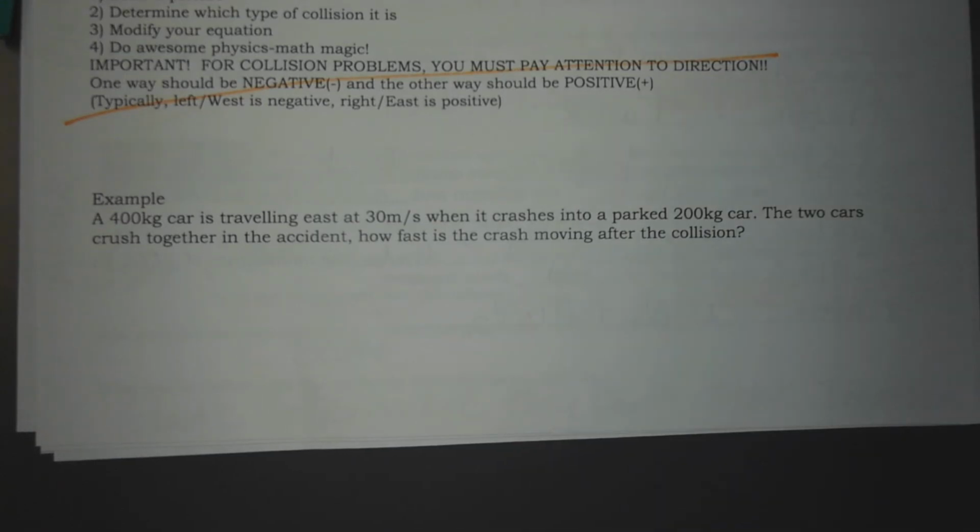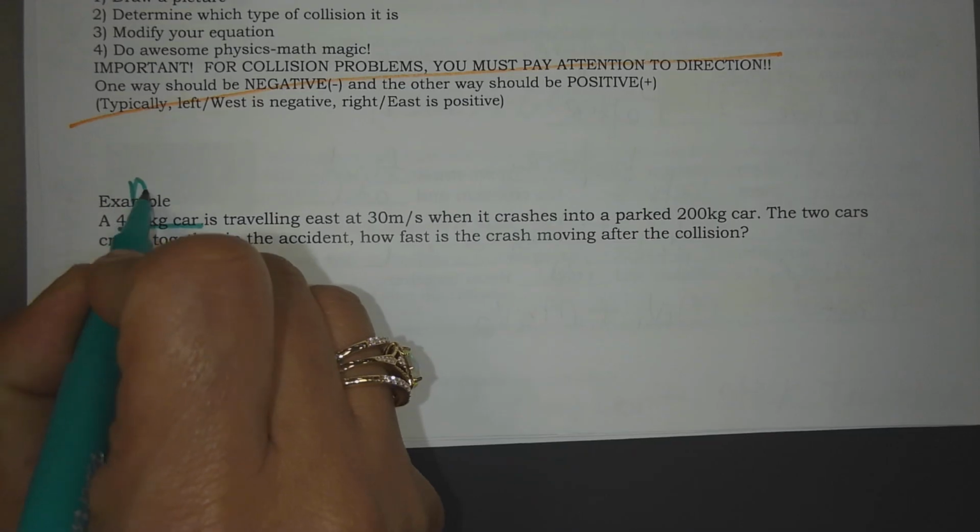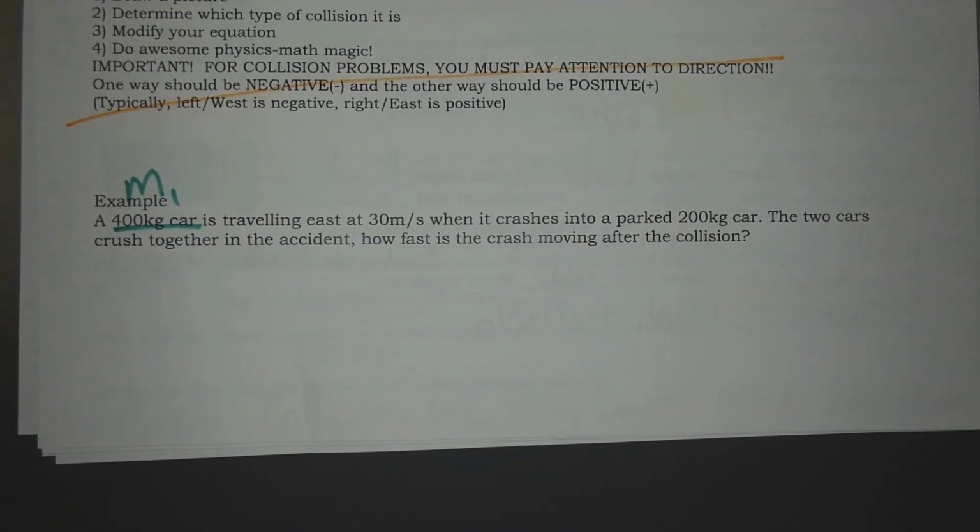But what I am going to say, though, is that my car, number 1 over here, which is mass 1, has a mass before and after that is going to be the same. So if you want to put M1B or M1A, that is up to you, because remember, mass never changes.